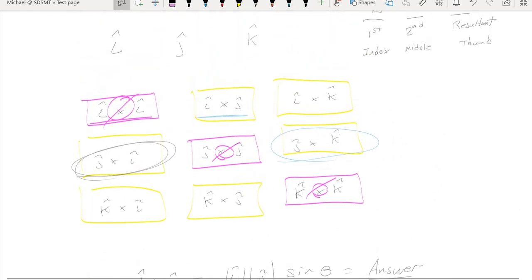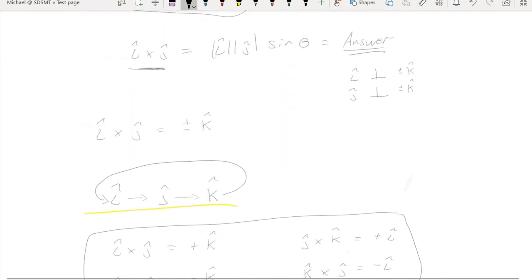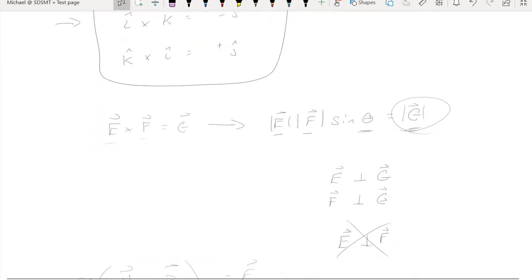But we've already done the work for this. We already know what all of these outcomes should be. Every combination here is some combination of 0, 90, or 180 degrees. Everything down that diagonal is going to result in a 0. Everything else will result in some kind of vector outcome.